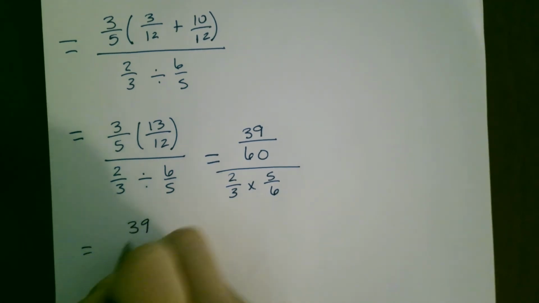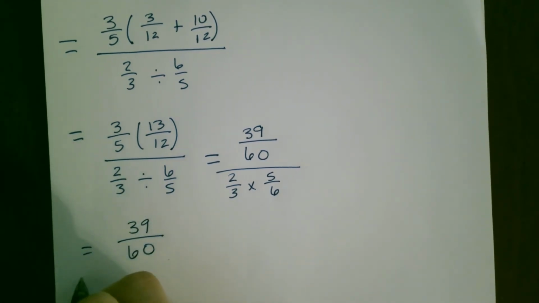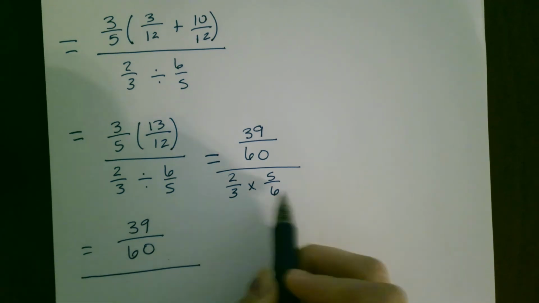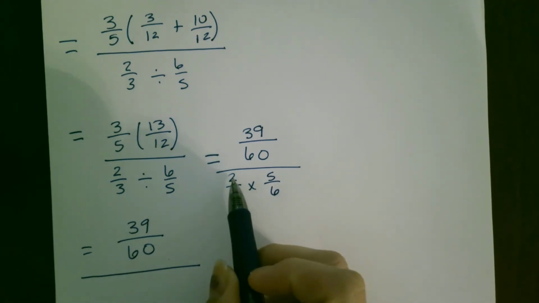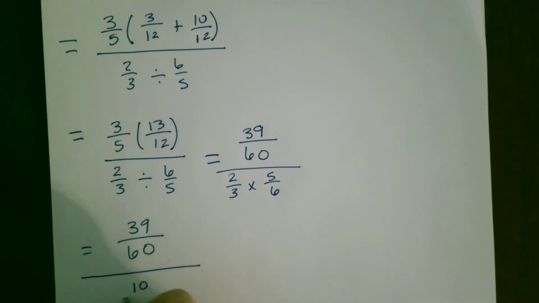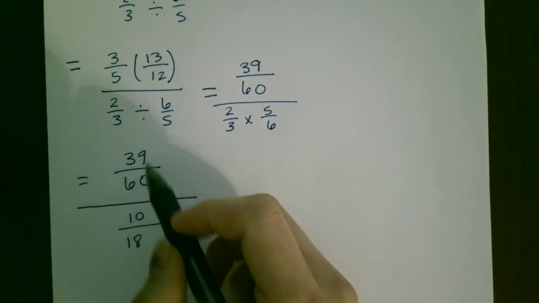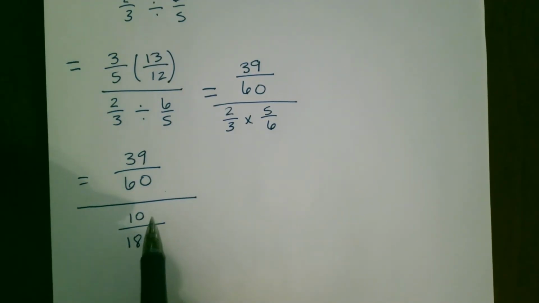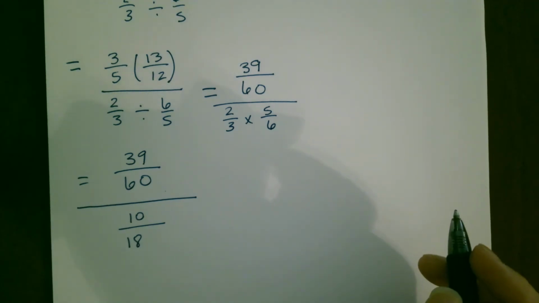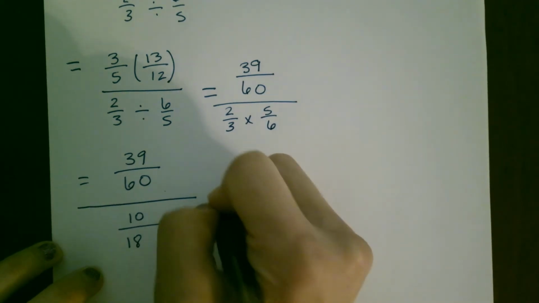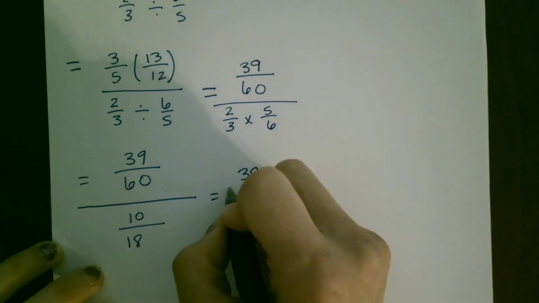So I have 39 over 60 divided by, we're multiplying fractions, so straight across, 2 times 5 is 10, and 3 times 6 is 18. And now I can deal with the complex fraction. I have 39 over 60 divided by 10 over 18. Again, this is just division of two fractions, and we know how to handle that.